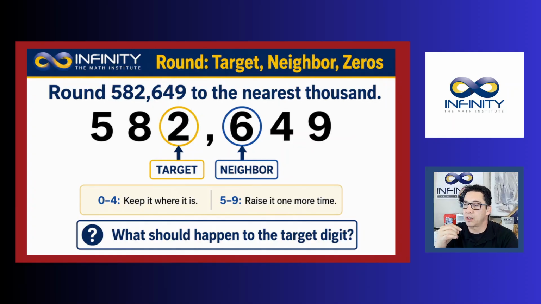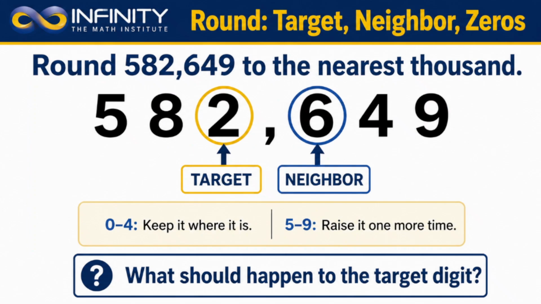We need to look at the target. So here, if we're told to round to the nearest 1,000, we need to look at the 2, which is in the thousands place. The next thing we need to look at is its neighbor. The neighbor will determine what we're going to do. So, the 2 is the target, the 6 is the neighbor.